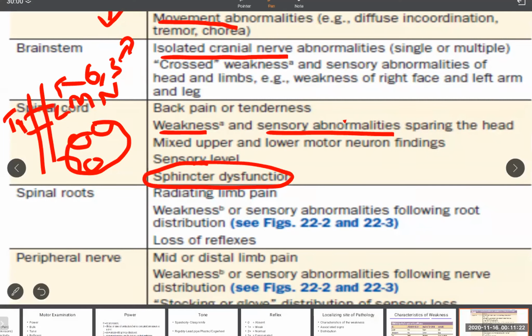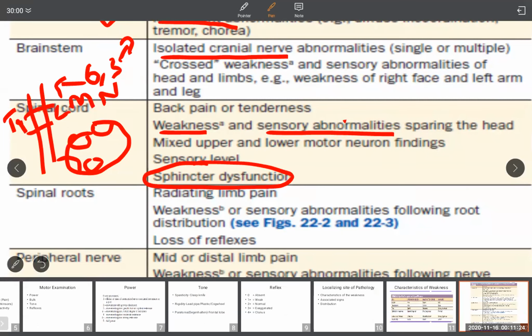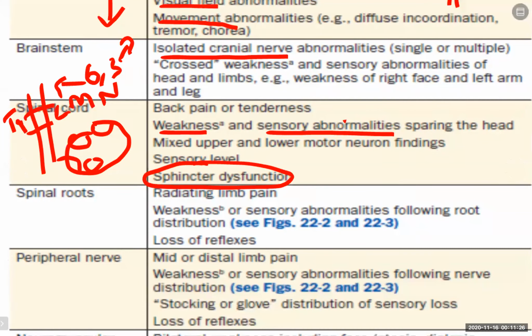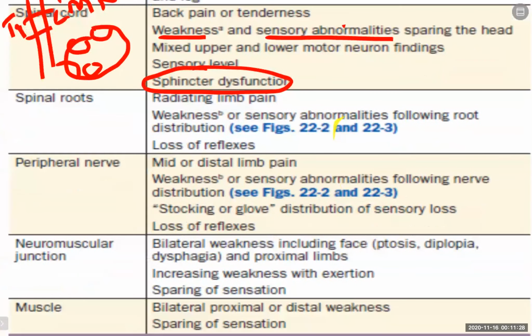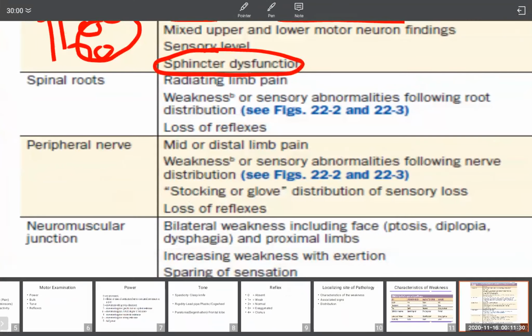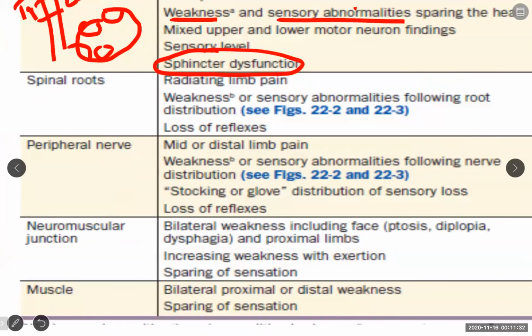Now, coming further down, once you've reached the spinal cord, the next step is the nerve roots, finally the nerves, neuromuscular junction, and muscle. Now, we'll go down first to muscle. What is typical of a muscle and a neuromuscular junction involvement is that sensation is typically always spared in lesions of both of them. Now, to differentiate a neuromuscular junction from muscle is kind of difficult.